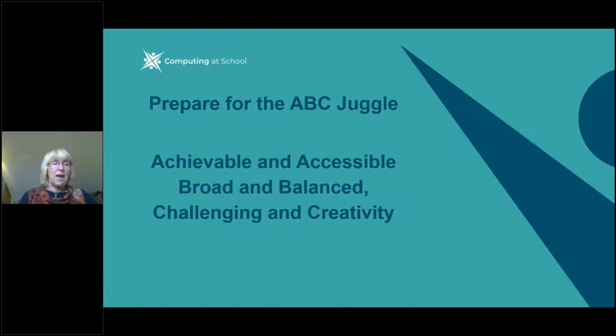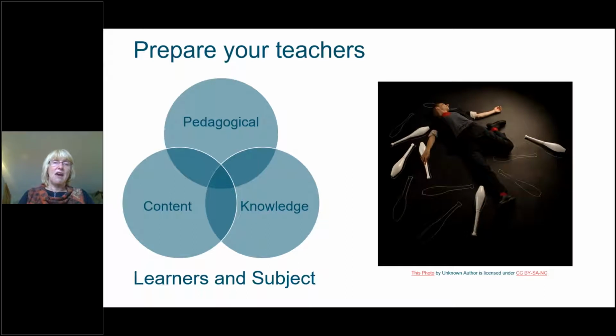So we want to prepare for that ABC juggle: achievable and accessible, broad and balanced, challenging and creative, and I'm just going to throw in a D. We need to be determined if we want to get that in place in school, because we need to prepare our teachers for that.